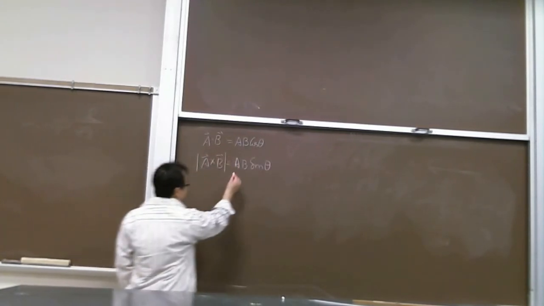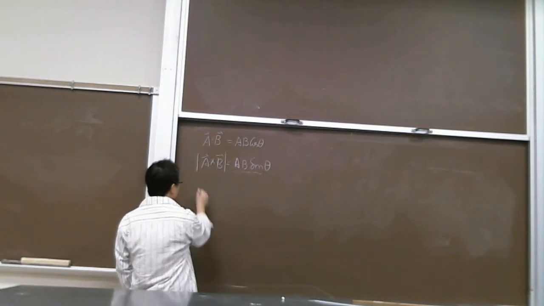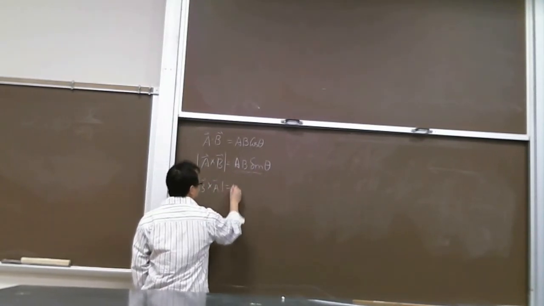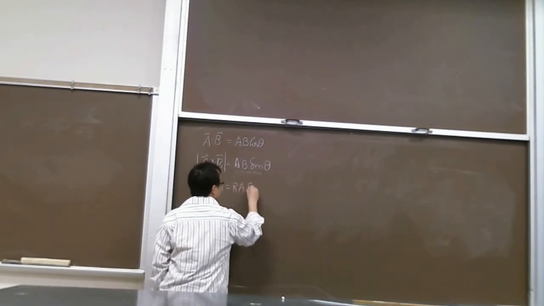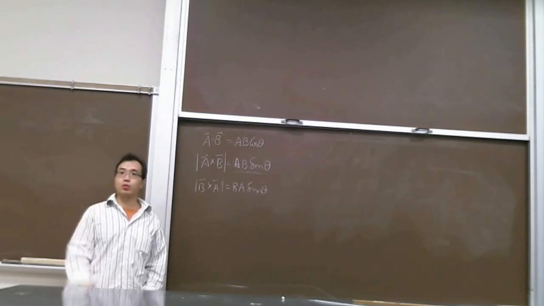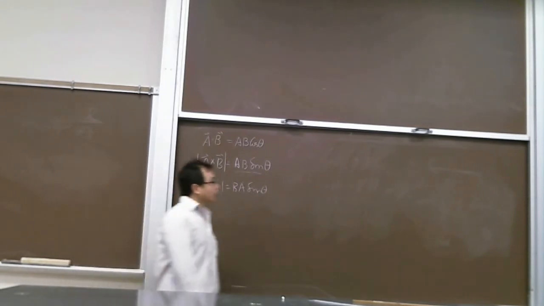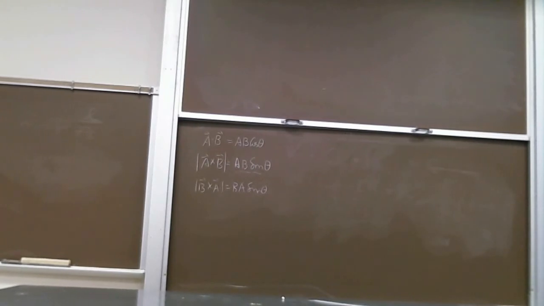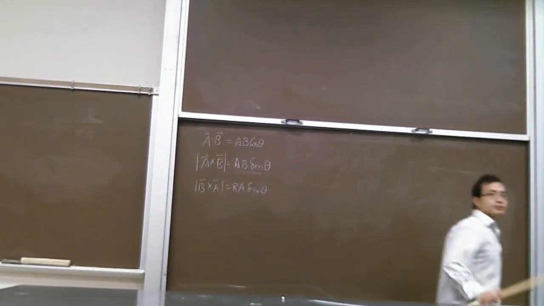The magnitude, of course, will be the same, because the magnitude of B cross A is B multiplied by A multiplied by sine theta. These two are the same, but the direction is opposite. So A cross B equals negative B cross A. It's anti-commutative.